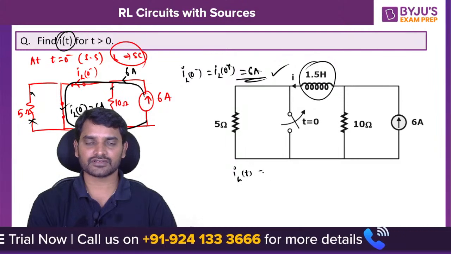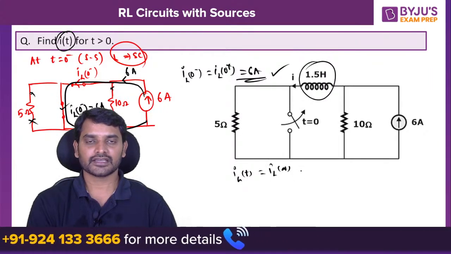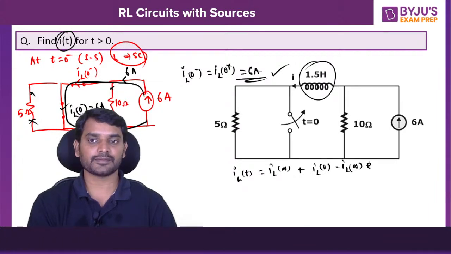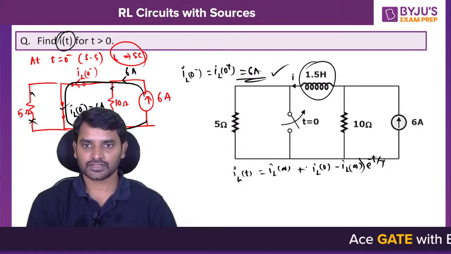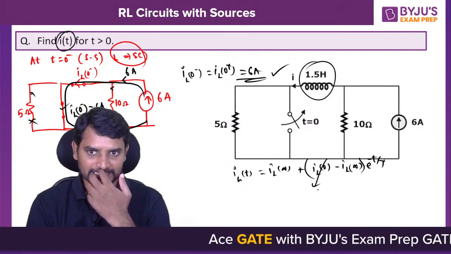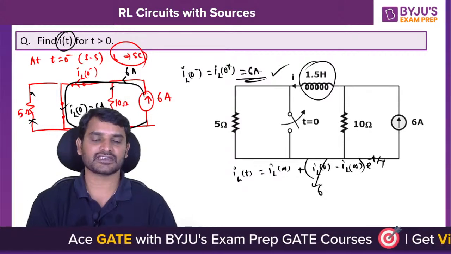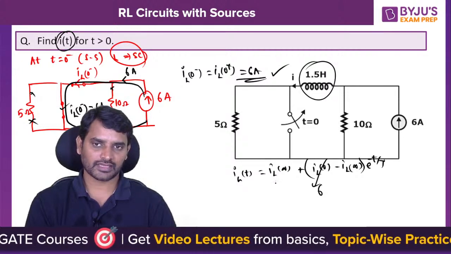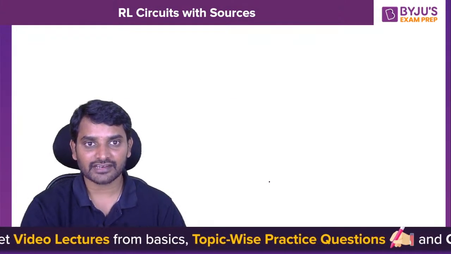IL of t is equal to IL of infinity plus [IL of 0 minus IL of infinity] into e power minus t by tau. In that I have calculated the initial value. The initial value is 6 amperes. Now I need to calculate the final value. So how do you calculate the final value?